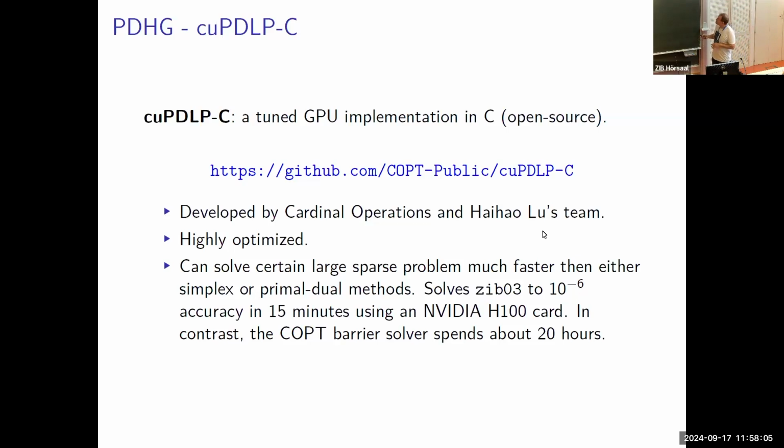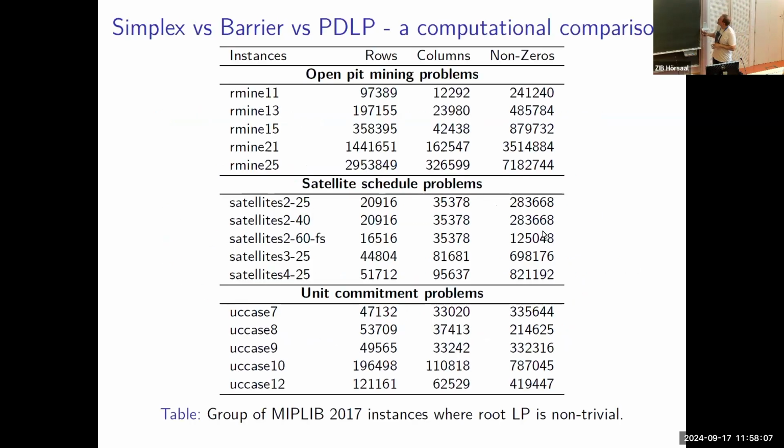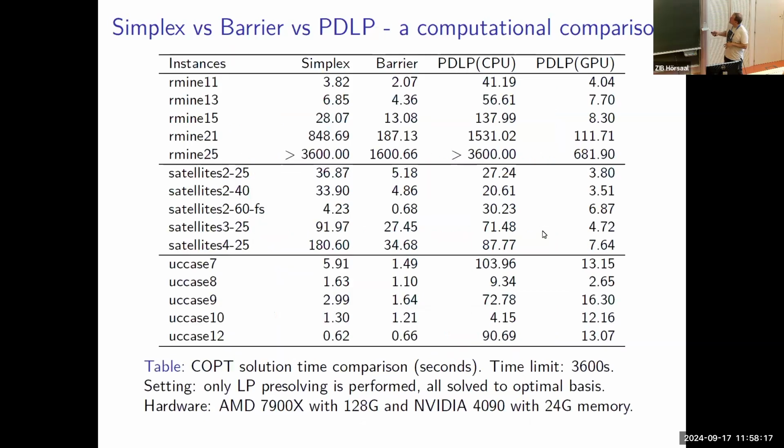And we have some results on different instances from MIPLIB, tested where the root LP can be non-trivial to solve. We see that for the first class of problems, barrier is definitely better than simplex, and probably PDLP on a GPU is better, at least for the largest. Same goes here for the satellite instances.